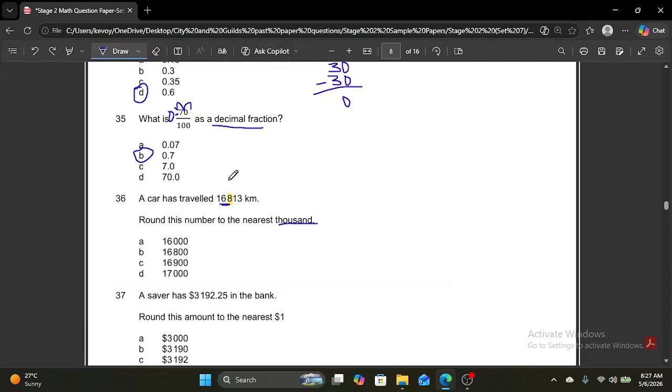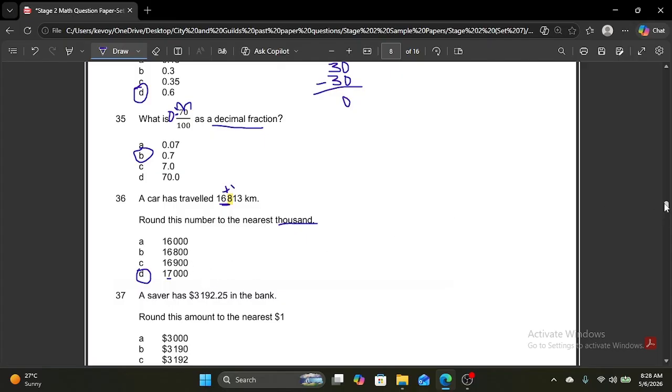So we're going to add 1 to the 6, and everything else will be 0. So that is going to be 17,000, because we add 1 to the 6 and everything else becomes 0. So rounding that to the nearest 1000, this will be the answer.